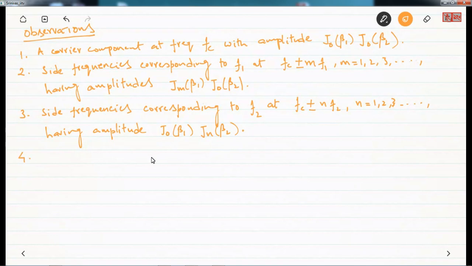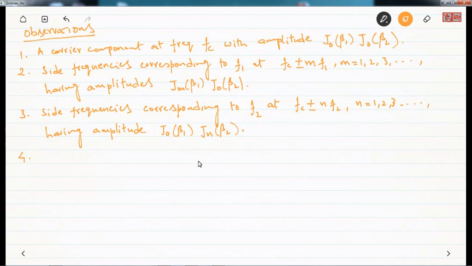So you can take a few more seconds to note this down. I'm not going to explain this because it is straightforward. If you go back and see the equation, and in that equation put m equal to 0, then you have J naught of beta 1, and vary n from minus infinity to plus infinity. That gives you Jn of beta 2.